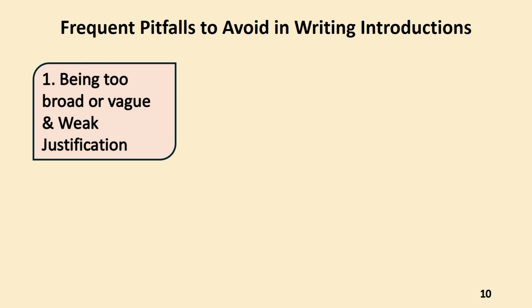Weak justification. Being too broad or vague means, for example, you are writing the relevance of your study and writing more and more on relevance, and you are not highlighting the significance of the study or talking about the methodology, the idea you have for conducting the research. It makes it too vague. So a researcher has to understand that when you are writing an introduction section, be very focused.